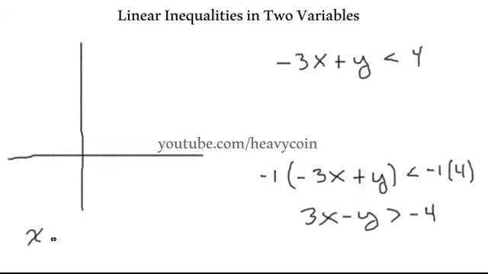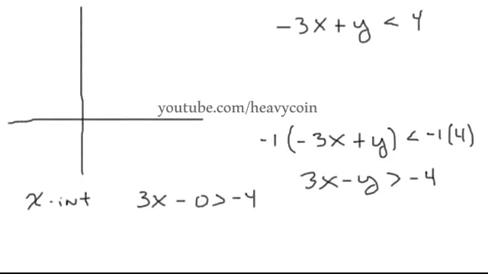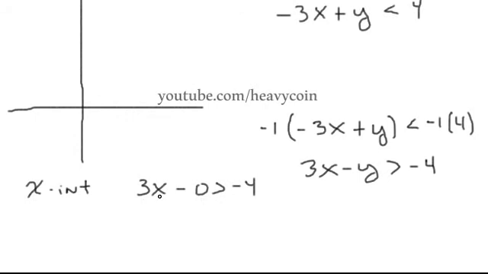Let's find the x-intercept point, and then we'll find the y-intercept point. Remember, the x-intercept is where it crosses the x-axis, and this is when y is 0. So we let y be 0. So 3x minus 0 is greater than -4. We solve for x, and we end up with not a nice number.